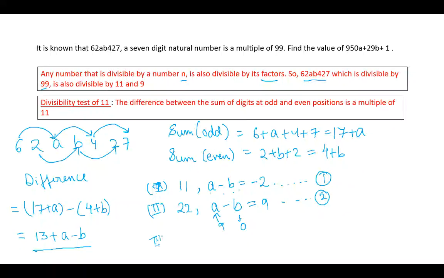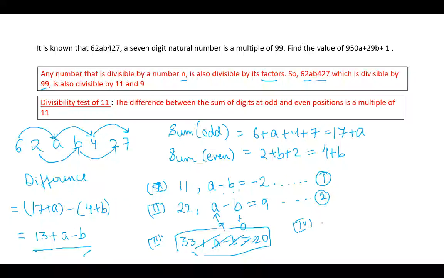Suppose you look further, what if I want to check for 33? In that case, my A minus B will have to be equal to 20, which is not possible considering the limitations we have on A and B. So this is something that we cannot accept. Also, if you want to go in the other direction and check what if this whole thing is 0: 0 is a multiple of any number, so you'll always have to check for that.